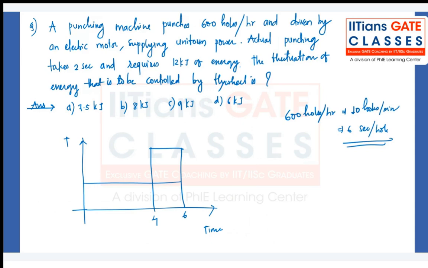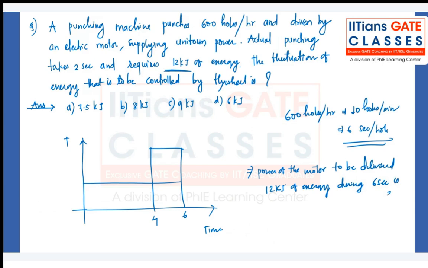The power of the motor to be delivered: 12 kilojoule of energy is required during 6 seconds, so that is 2 kilojoule per second, since 2 into 6 is 12, right?